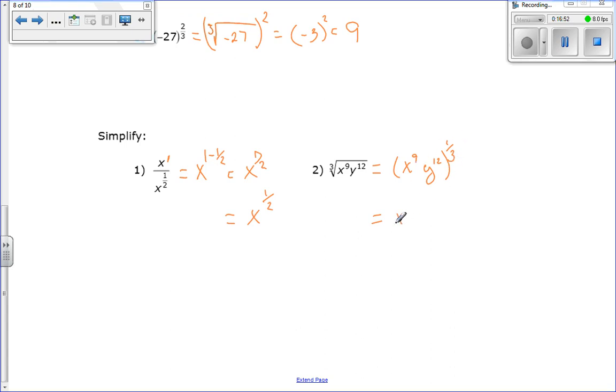So 9 times 1/3 is 3, and 12 times 1/3 is 4. The other way to look at it is 9 divided by 3 is 3, and 12 divided by 3 is 4. Earlier in the year we did problems like this, and when we did this we just divided by the root. We just didn't color.